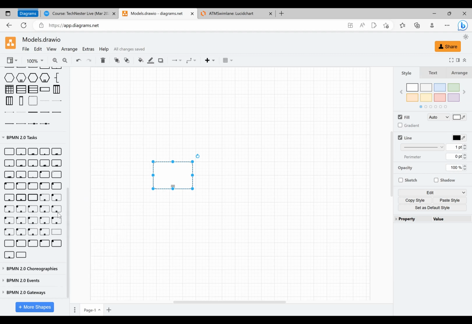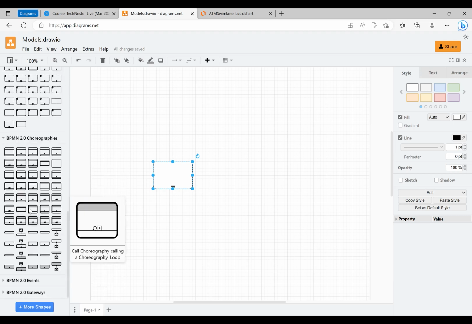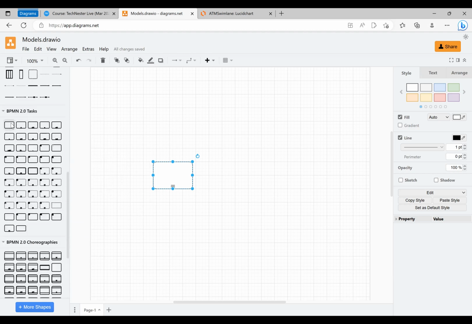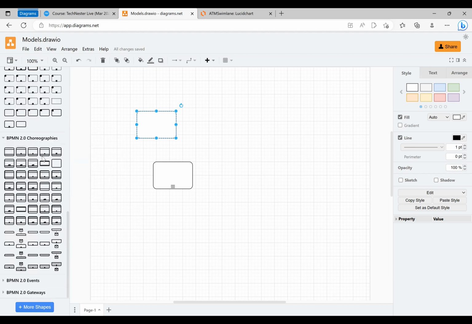That's completely beyond what we're talking about in this course. So this is just activities. We have been using this normal rectangle to represent activities, but there are many other ways you can represent different specific types of activities, as you can see. So these are choreographies.